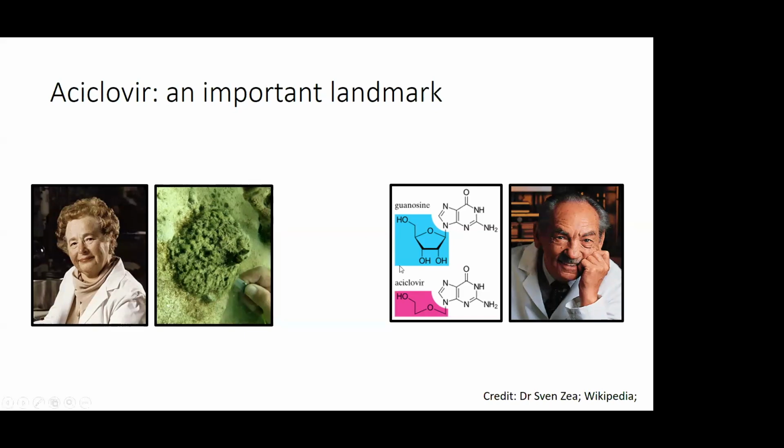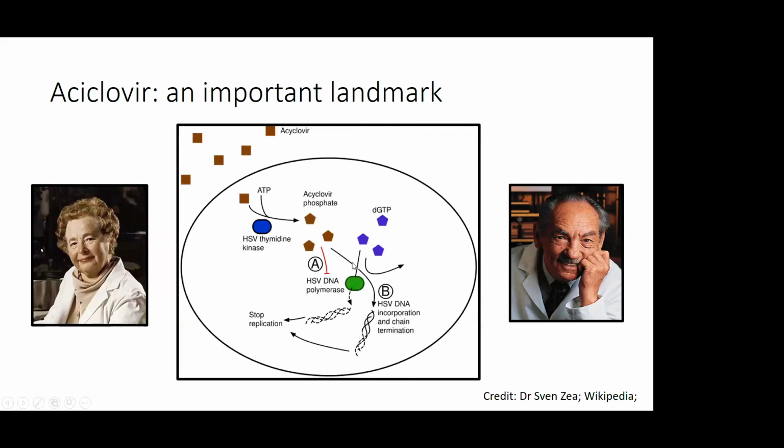And Elion in particular is the person who was credited with describing how acyclovir works specifically on herpes simplex, because she described that there is a virally encoded protein called the HSV thymidine kinase.